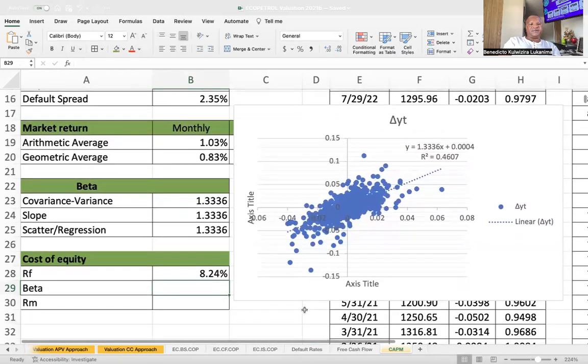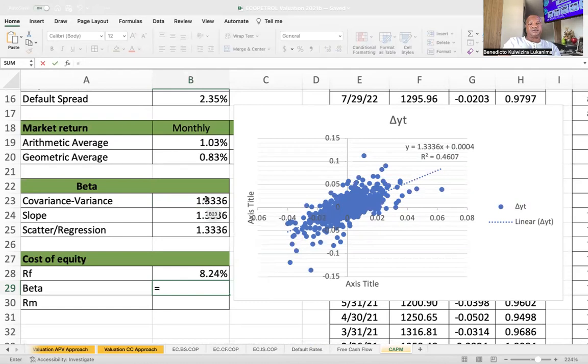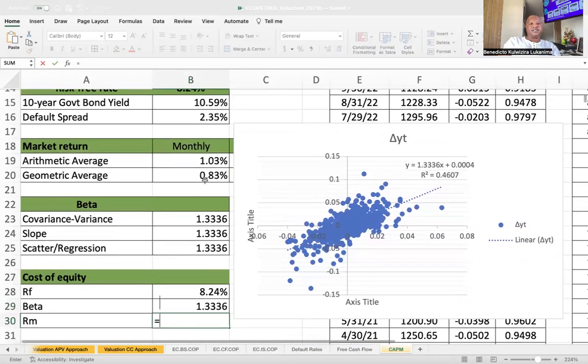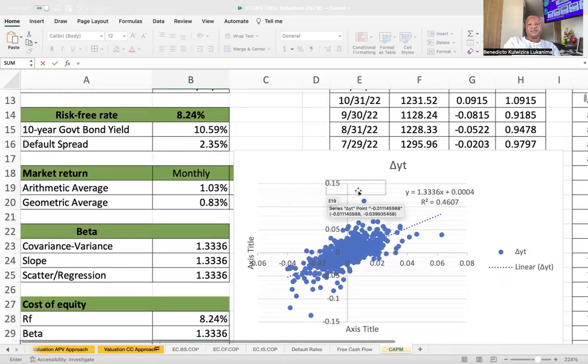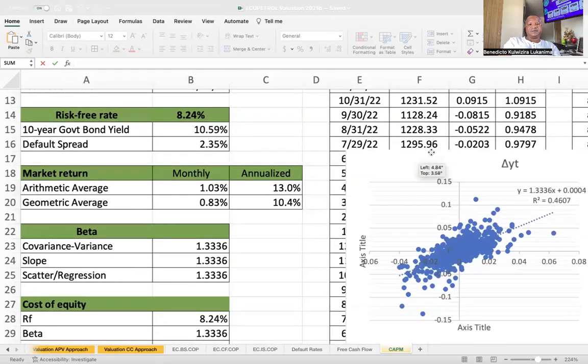And then we have beta, that is equal 1.336. And then we have market return. The choice can be either geometric or arithmetic. It does not matter.